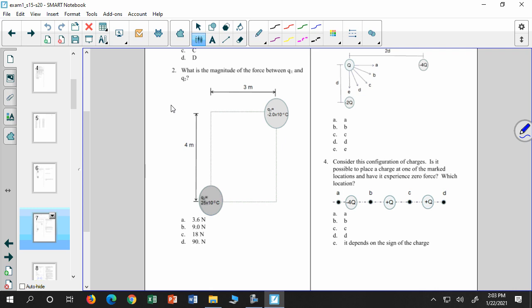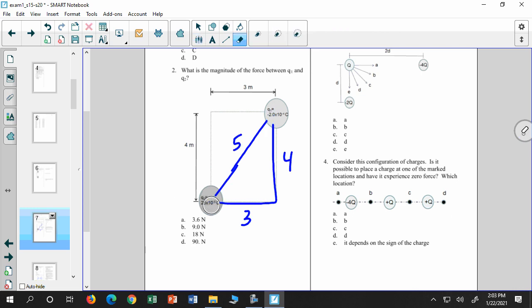These multiple choice questions are actually not that difficult because really the only tricky part is you have to figure out what is the distance between them. And in order to do that, I just recognize that this is a triangle, and it is particularly a 3, 4, 5 triangle. Then I can calculate the force, because the force is equal to K Q Q over r squared.